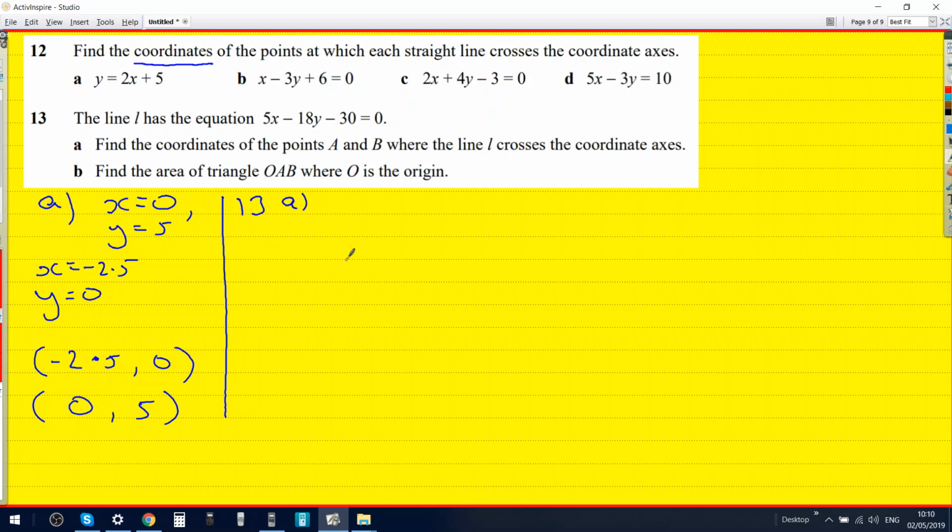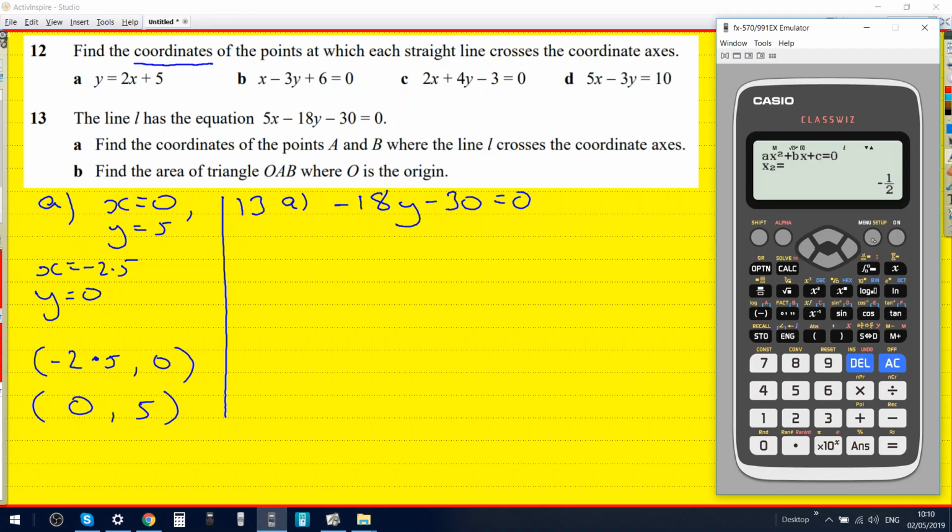Yeah. So sub it in. If you sub it in for X, so X is 0, you get minus 18y minus 30 equals 0. So 18y equals minus 30.